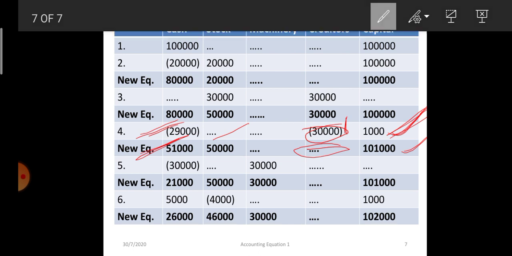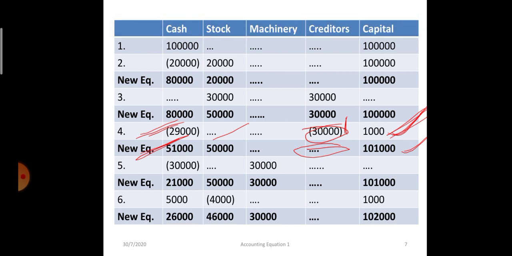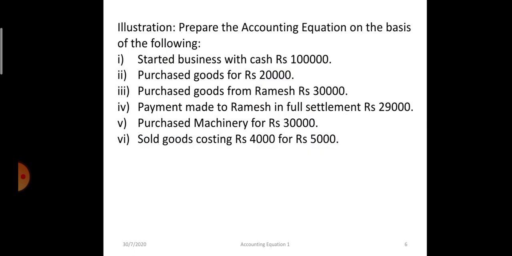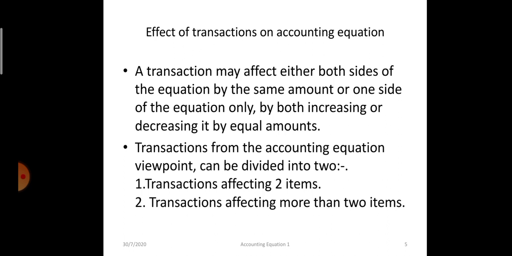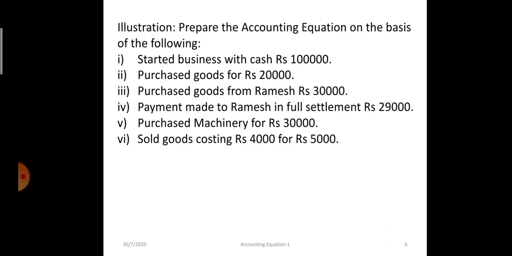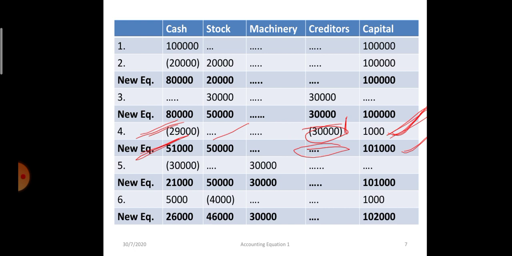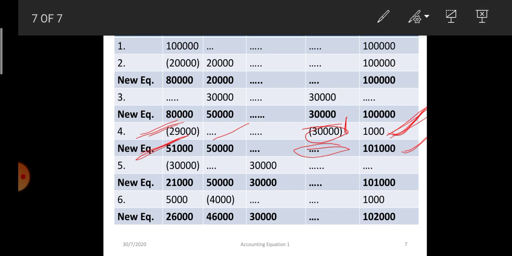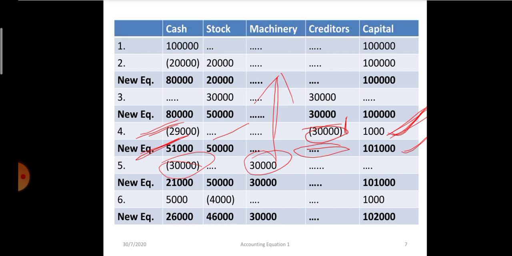Then the new transaction is: we purchase machinery for 30,000 rupees in cash. This is the fifth transaction. From cash we will deduct 30,000 rupees, and on the asset side a new column for machinery will be there, and it will increase by 30,000 rupees.